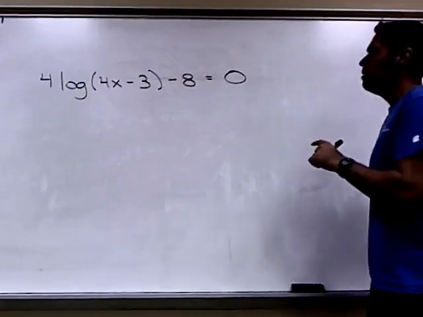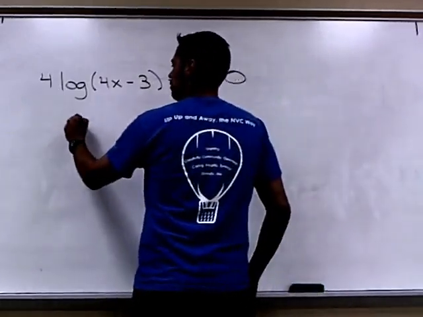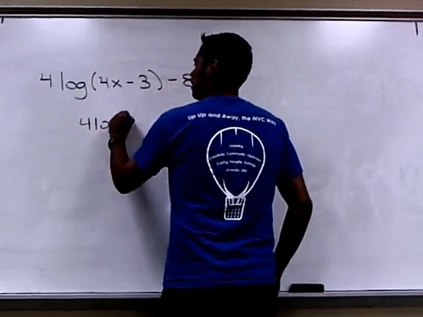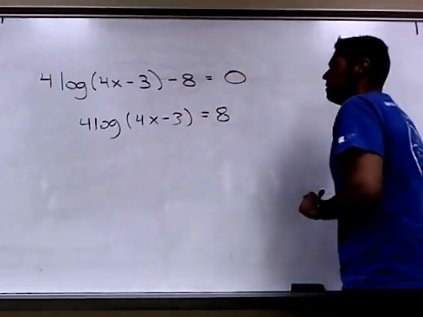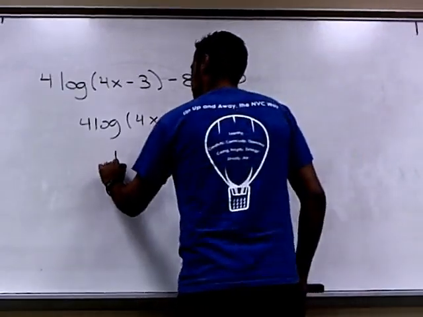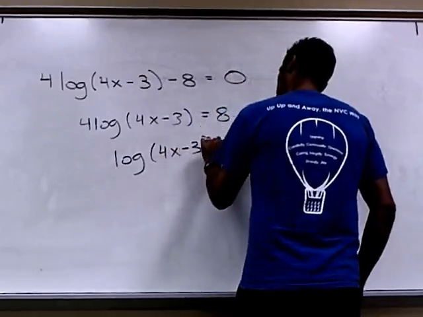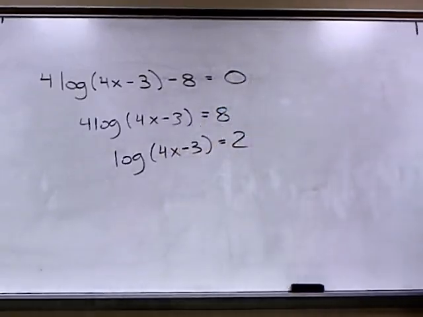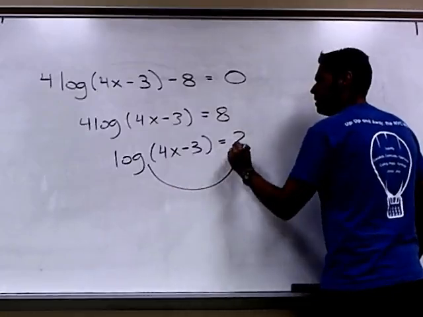Okay, let's see. What was the first thing you would do here? Add 8 to both sides. Then divide both sides by 4, which is 2. And then put it into exponential form. So you have to do the base like this loop thing.